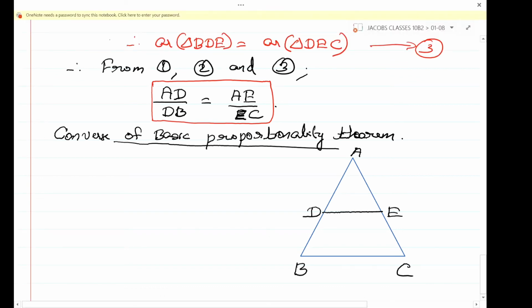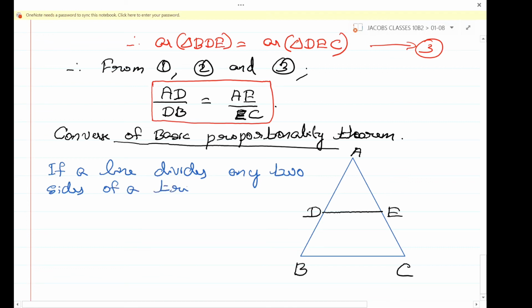So please write the statement like this. First you write the statement.